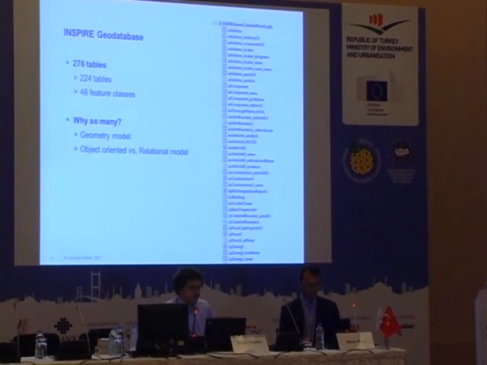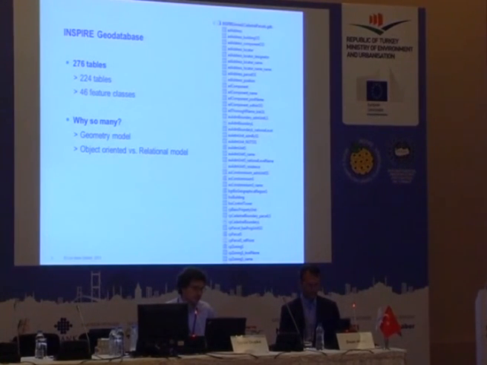So this is just some numbers about the geodatabase. It has 276 tables, of which 46 contain geometries. Some of you might ask, why are there so many tables? One reason for this is that the geometry model is a bit different, the one that Esri uses. GML can have multiple geometries in one feature type, but in the geodatabase, you have to have one feature for each geometry type.